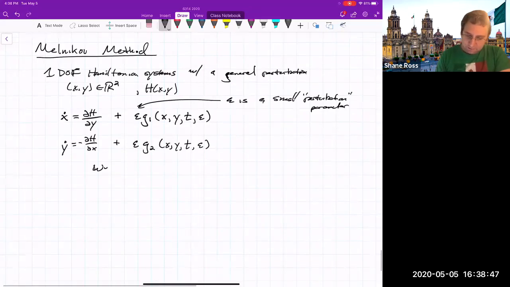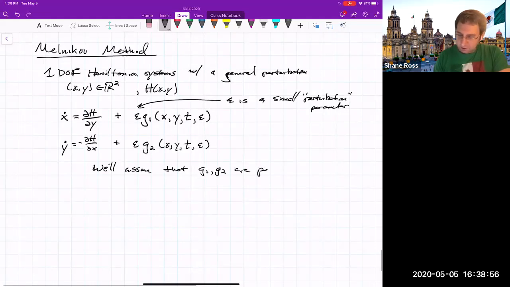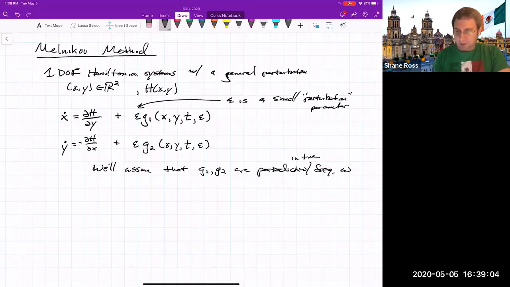And we'll assume that G1 and G2 are periodic in time with the frequency omega.